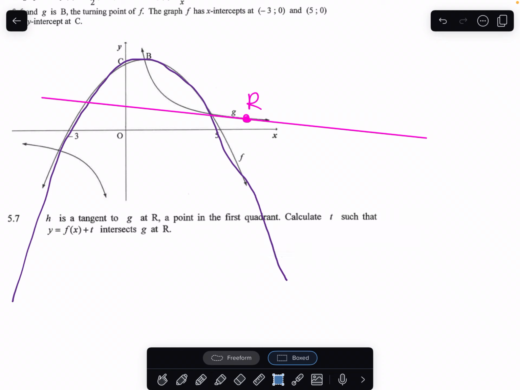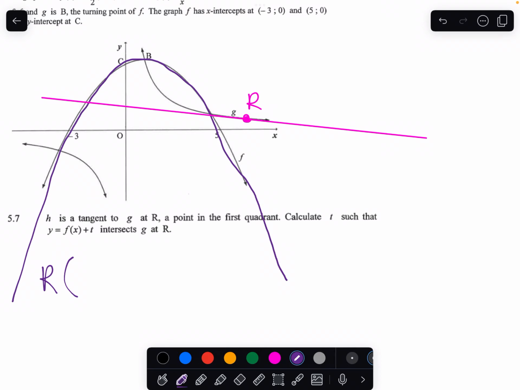So first of all, this point R has coordinates, well, let's just make it a different letter altogether.